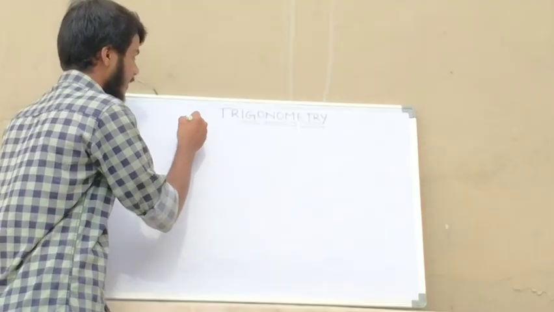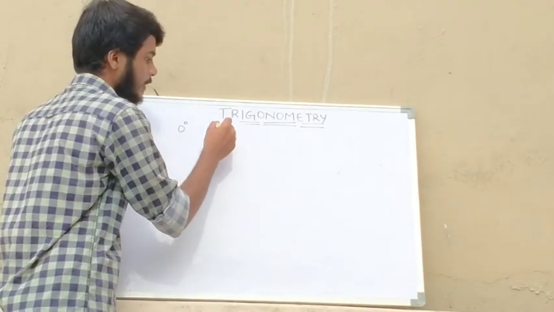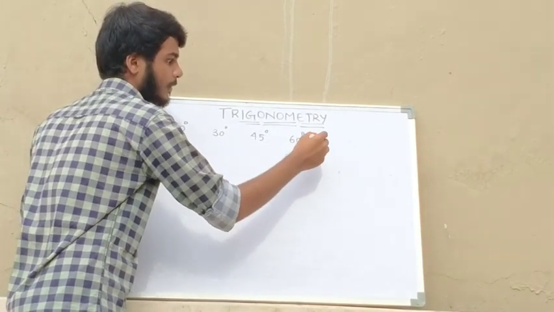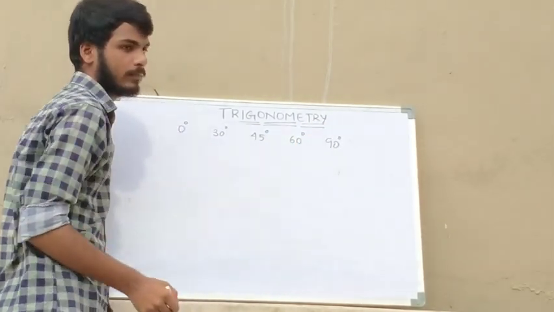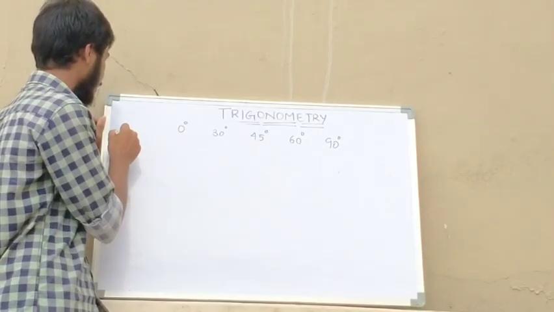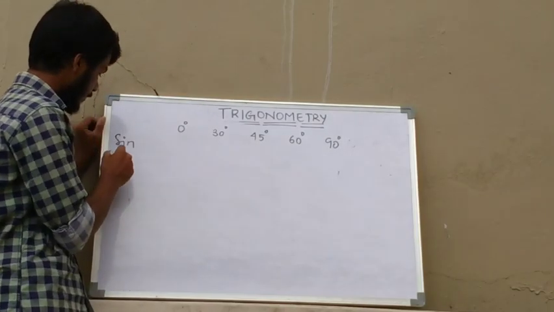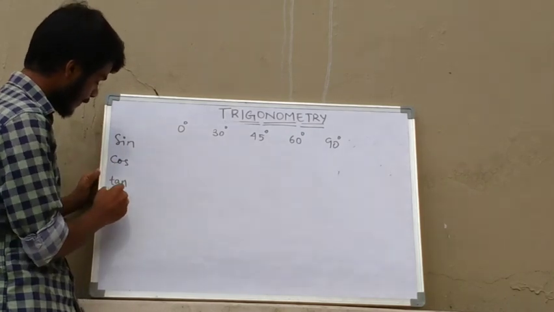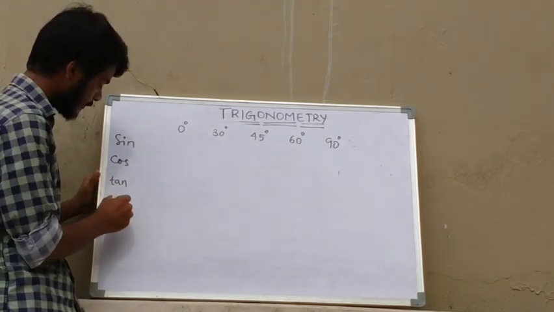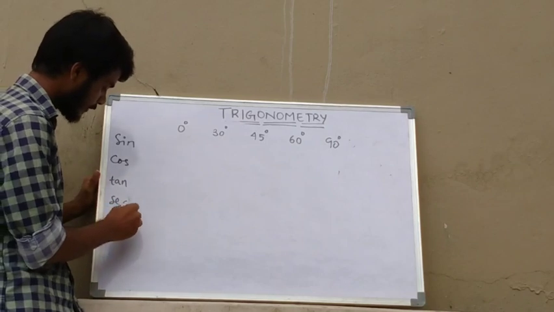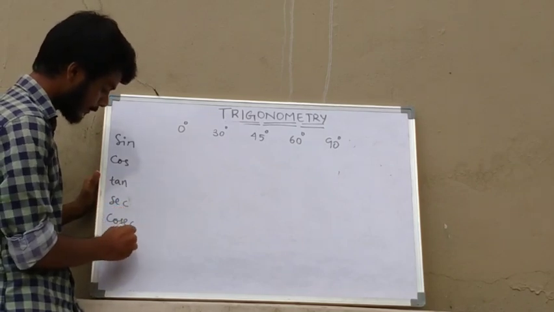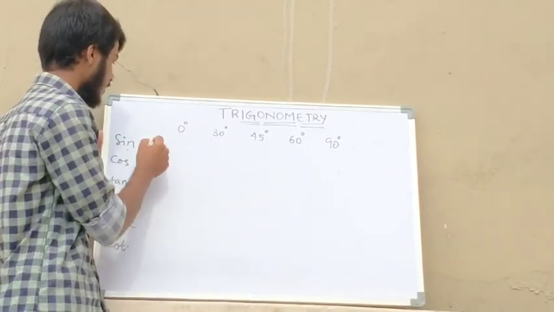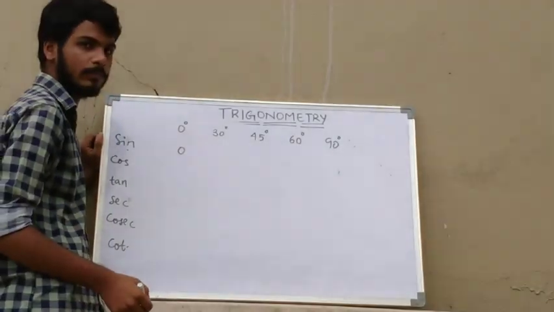Now it comes to the values. The angles are 0 degrees, 30 degrees, 45 degrees, 60 degrees, and finally 90 degrees. We have 6 trigonometric ratios: sine, cos, tan, secant, cosecant, and cot. So sin 0. Remember that sin 0 is always 0.